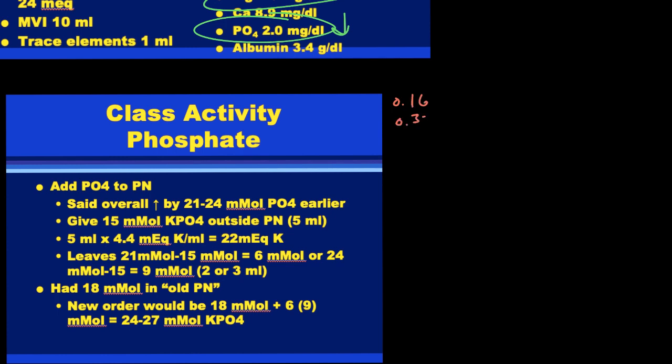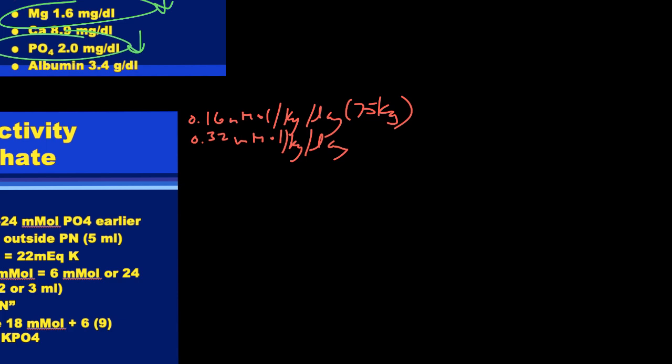You know he's 75 kgs. So let's see, 0.16 times 75 is 12 millimoles per day. 0.32 times 75, you need 24 millimoles per day.